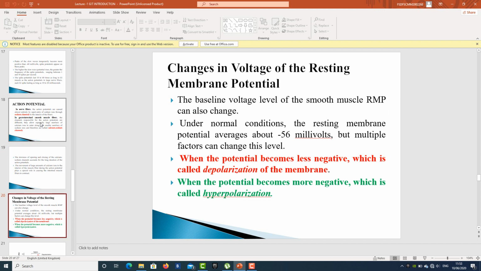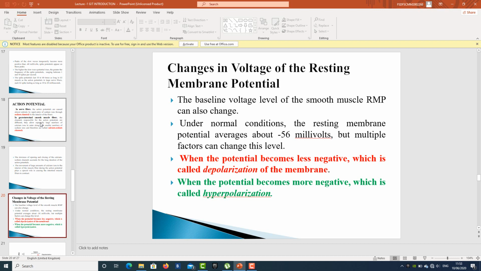Then we should know what the changes in voltage of the resting membrane potential are. The baseline voltage level of smooth muscle resting membrane potential can also change. Under normal conditions the resting membrane potential is between minus 50 to minus 60 millivolts, on average minus 56 millivolts, but multiple factors can change this level.